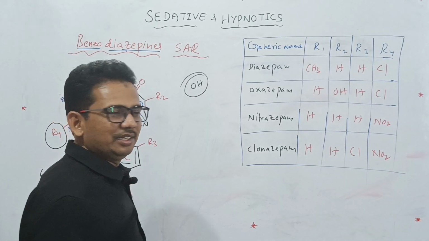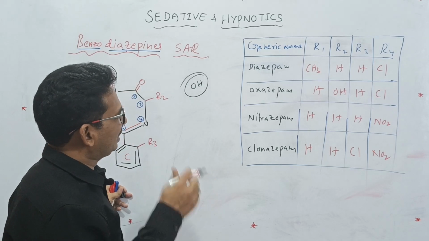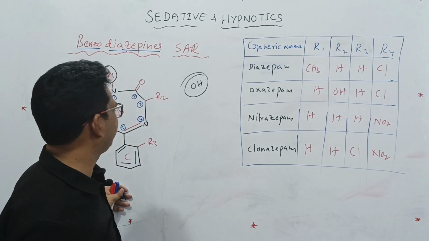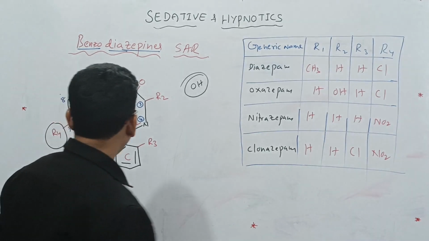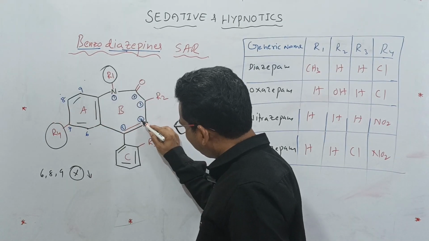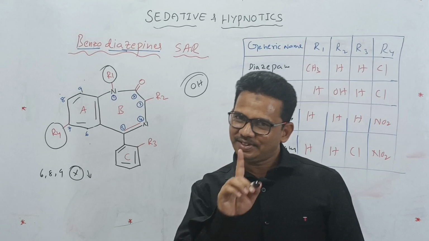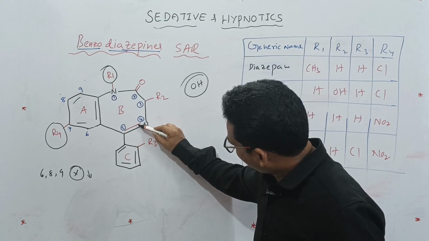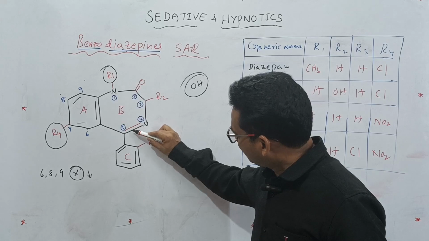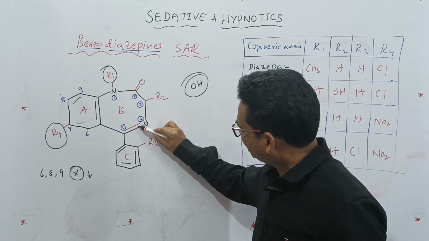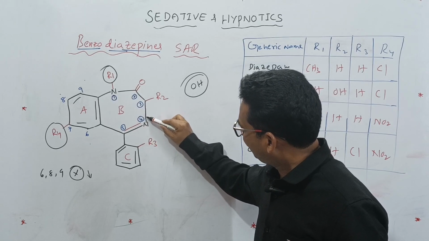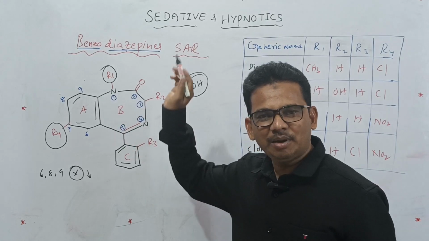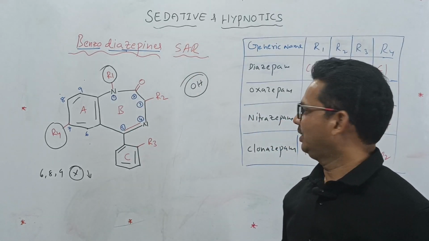All benzodiazepines, you can take alprazolam, clonazepam, nitrazepam, oxazepam, diazepam or any. Another important thing you might observe between the fourth and fifth position: if you change the position of this double bond, just shift it between 3 and 4, the activity is completely abolished.